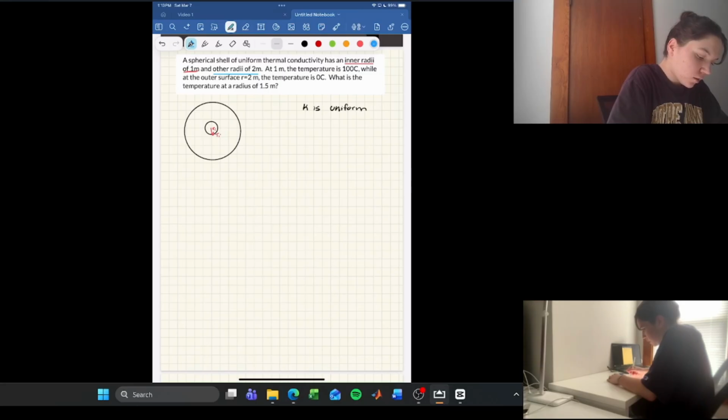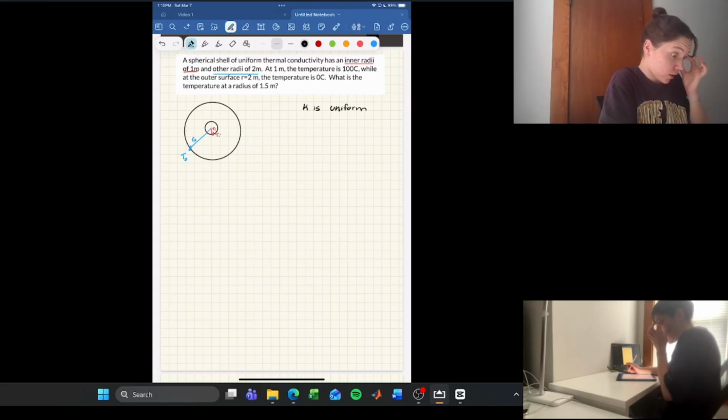So that would be all the way out here. And this is the outer radius, and then that would be the temperature of that outer. And we are trying to find the temperature at the radius of 1.5, so that's somewhere in between here, or at the midpoint of these two.